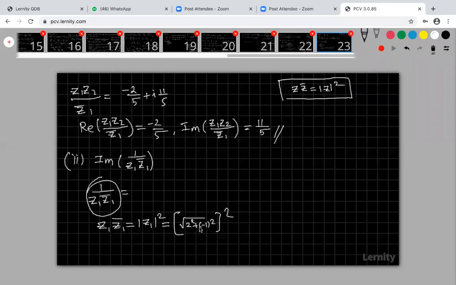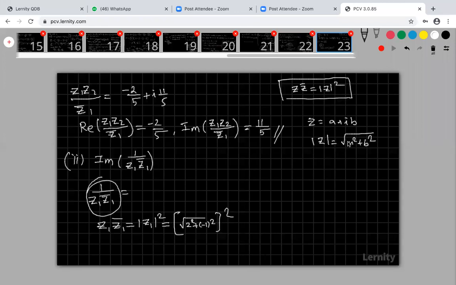Actually, if Z is equal to A plus IB, a complex number, then my modulus is equal to root over A square plus B square. This modulus is nothing but the distance between the complex number and the origin in our complex plane.